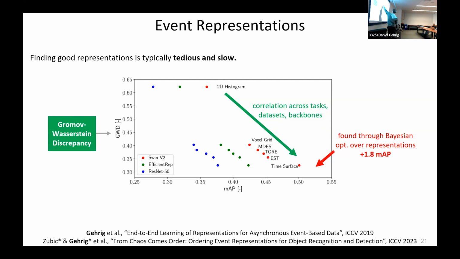And if we, for example, use a 2D histogram, which aggregates all the depth of time onto a single pixel, then we actually have more information loss. And the main highlight here is that there is a correlation. If we reduce the information loss, then we also increase the performance of the network trained on that.